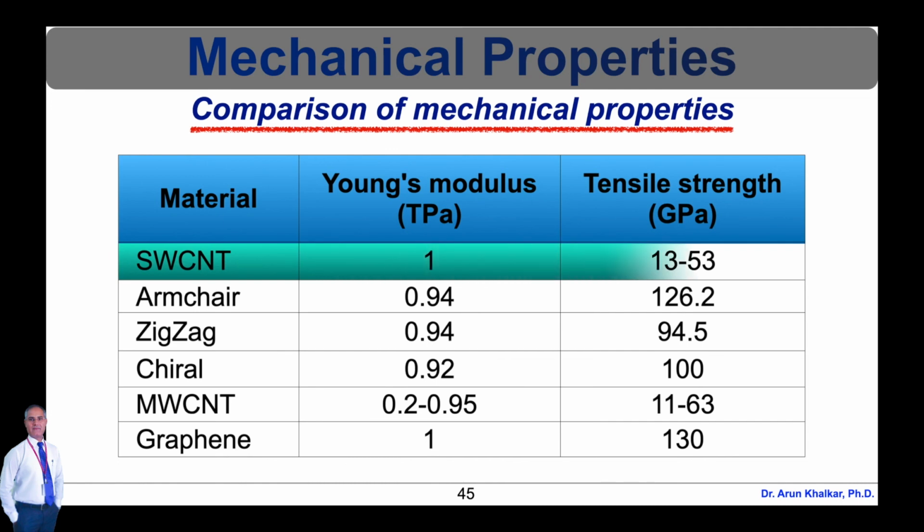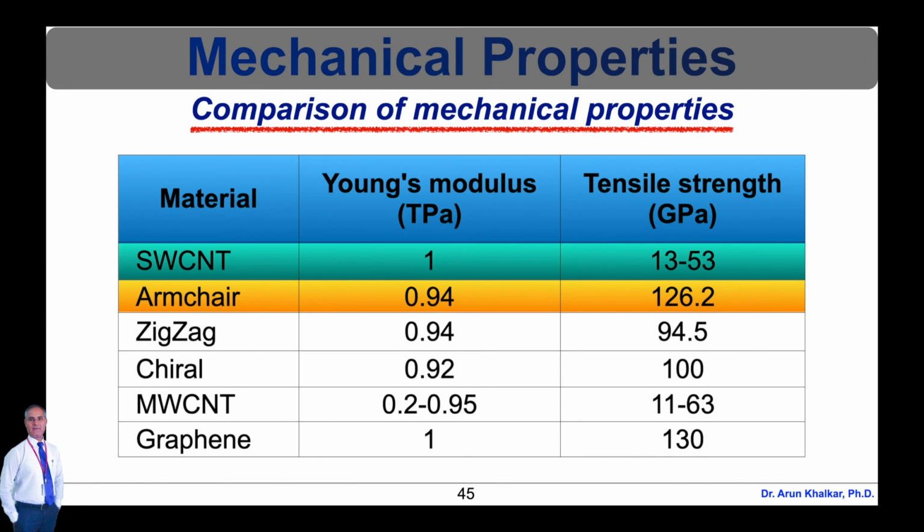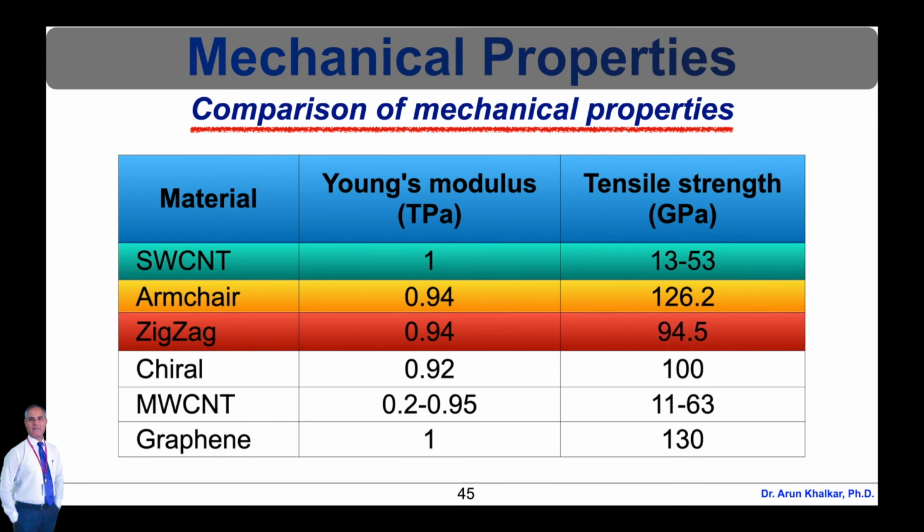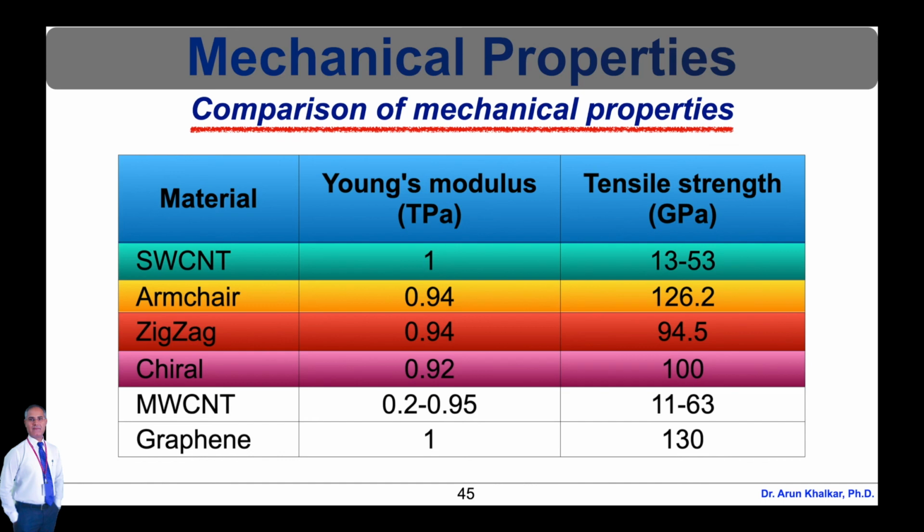For the single-walled carbon nanotube, Young's modulus is 1 terapascal, whereas tensile strength is between 13 to 53 gigapascal. For armchair carbon nanotubes, it's 0.94 and 126.2. For zigzag, 0.94 and 94.5. For chiral shape, 0.92 and 100.